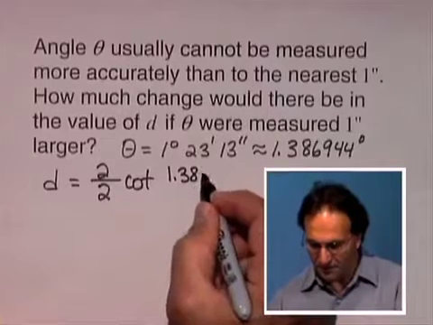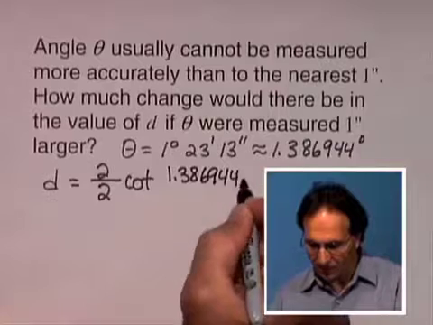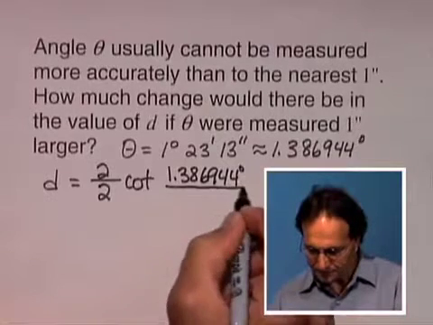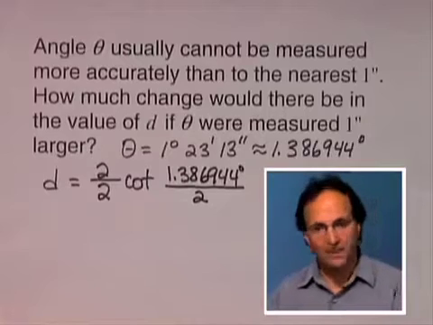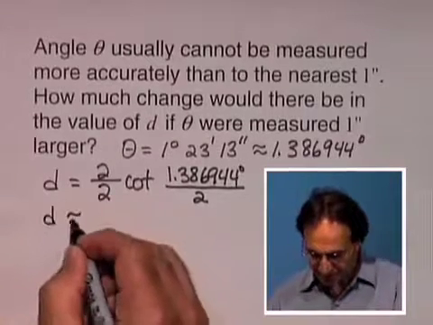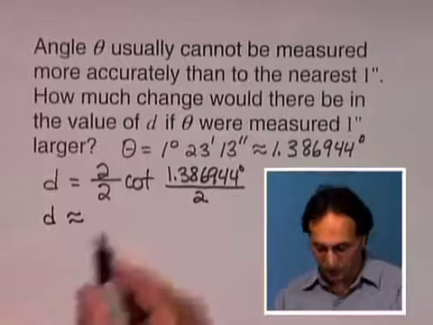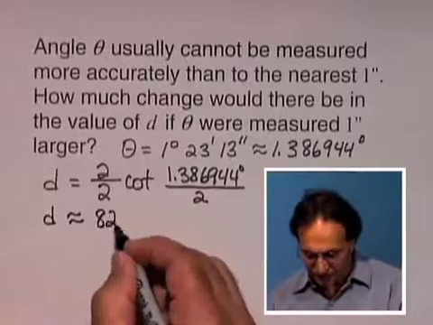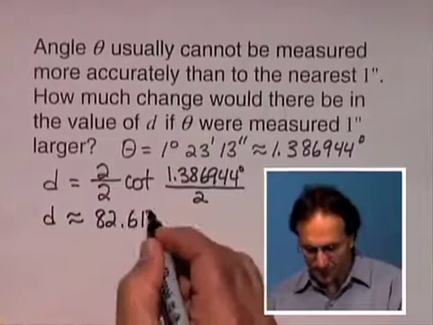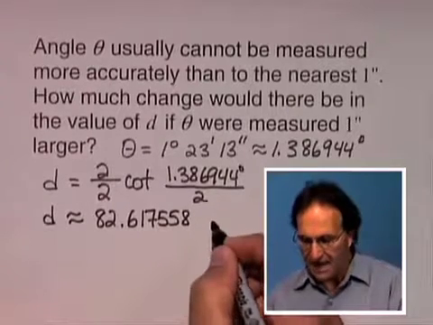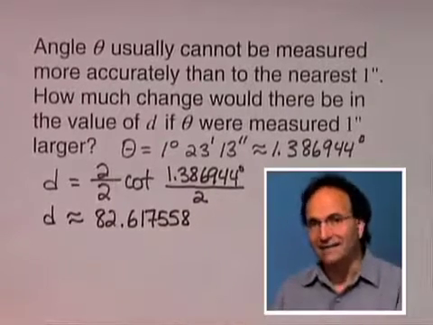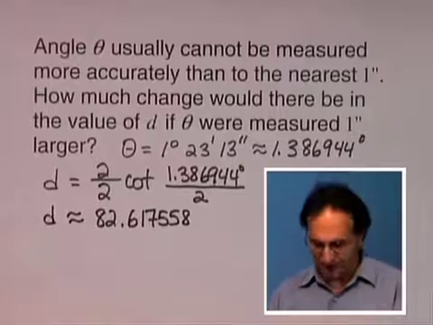So 1.386944 degrees divided by 2. The result this time would be that d is approximately equal to 82.617558. And now to find the difference, we subtract.